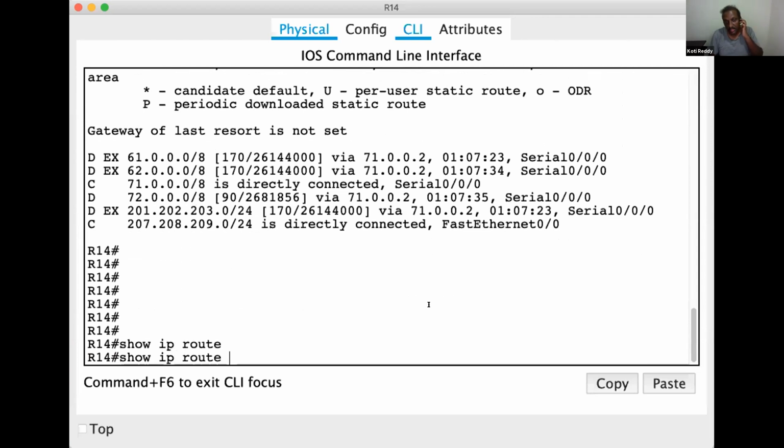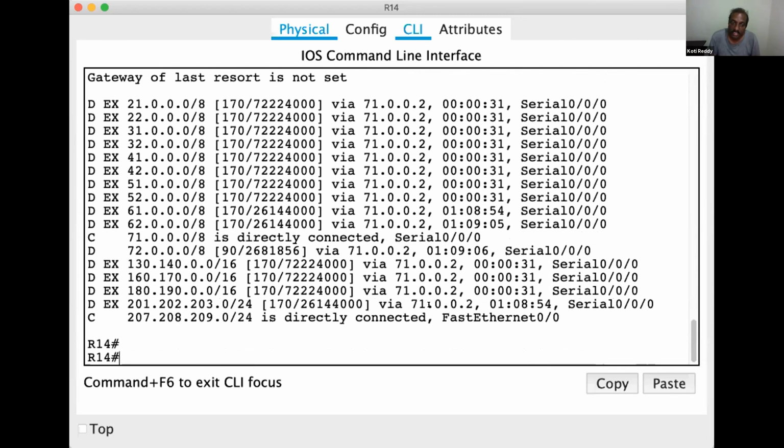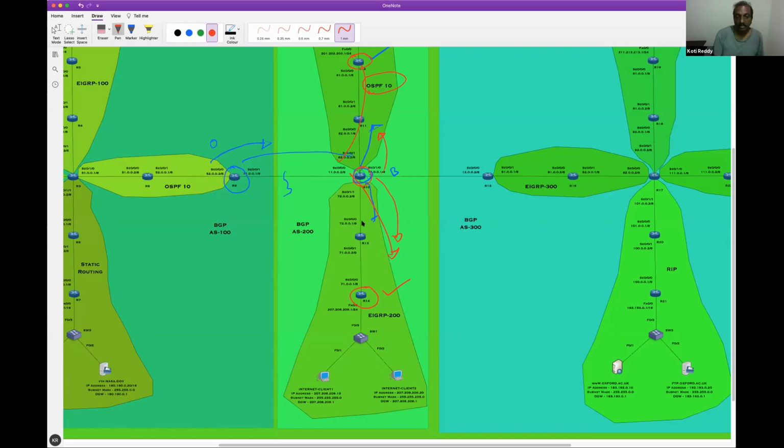What do I see? I see all these routes, 20 series, 30 series, 40 series, 50 series, on this particular R14. You understand now? So these routes have come till here.